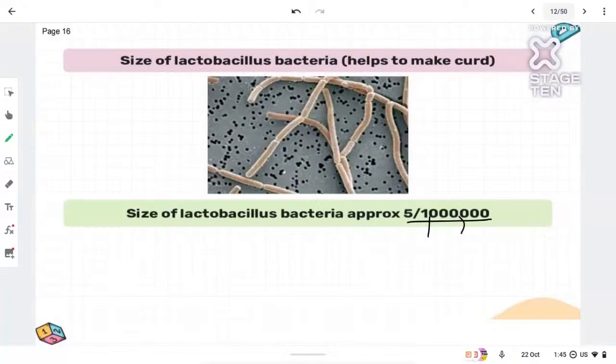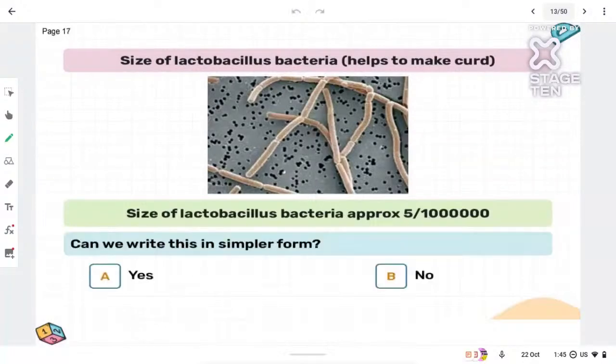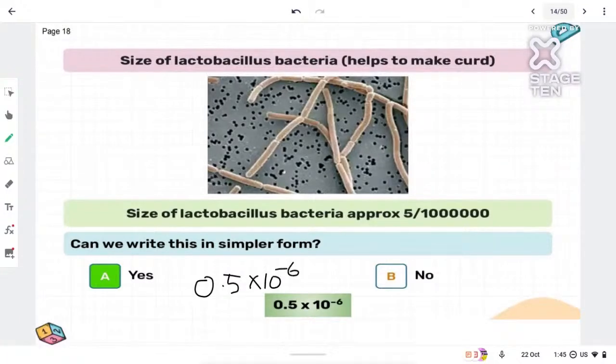That is so small. So how can I write it in an easier way? I can write it in the form of 0.5 into 10 raised to minus 6. Whenever there is a minus 6, it means the object is very small. Very small things we write with the power negative. Very big things we write with the power positive.